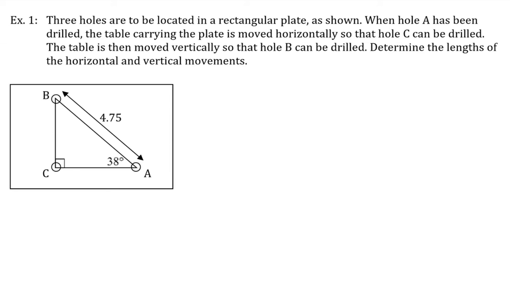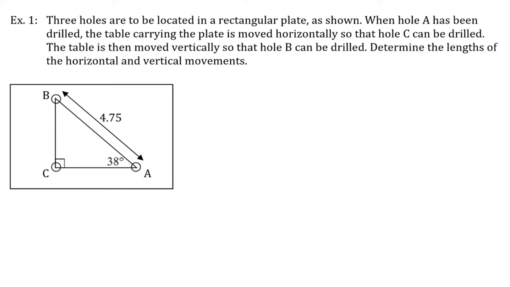So imagine the plate that you're working on, and the table that the plate is sitting on can move around, maybe programmed by a computer, and every time it gets to its spot, the drill press comes down, drills a hole, and then the table moves again, programmed by the user. Determine the lengths of the horizontal and vertical movements.